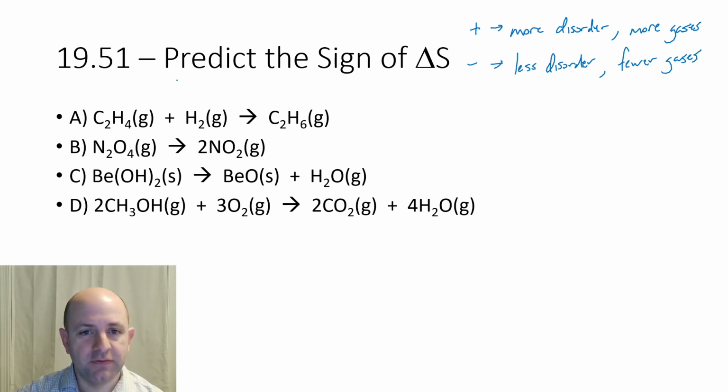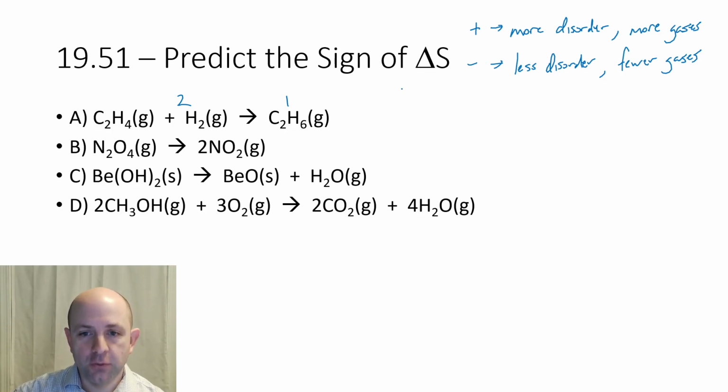And so in 51, it does actually have you do the math, and then it says account for the sign, whether it's positive or negative. We're just going to do the sign and say we can predict it without looking at the numbers, but everything matches up. So in A here, in our reactants, we've got two gases, and over here there's only one gas. That means we've gone from two gases to only one.